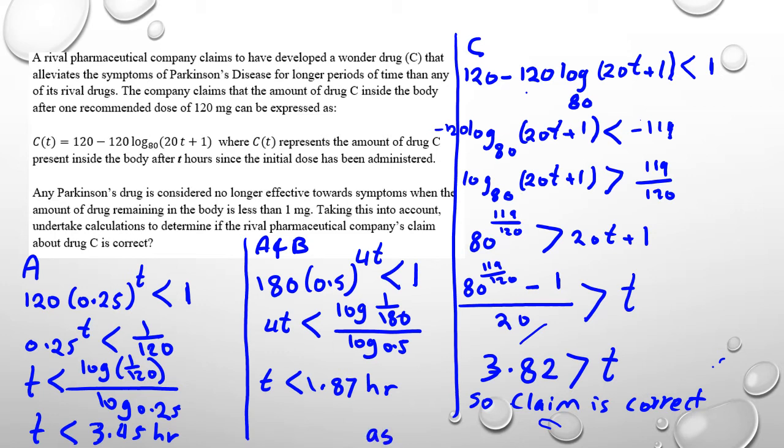And you write the statement as: C is effective longer by, and then you could do 3.82 minus 3.45, and that gives me 0.37 hours longer than drug A. Okay, that's one of the things.